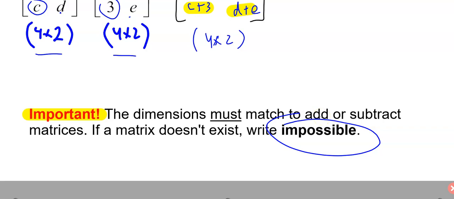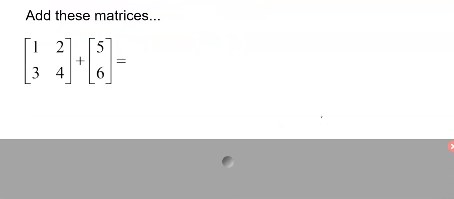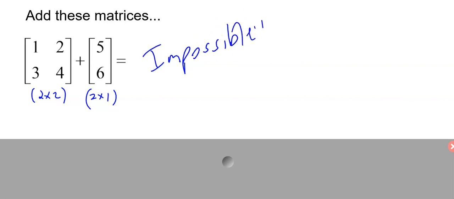You cannot add those 2 matrices up. Okay, let's try this one. This is going to be a 2 by 2 as far as rows and columns. This has 2 horizontal rows and 1 vertical column, so 2 by 1. Can I add these 2 matrices up? Absolutely not. Impossible.